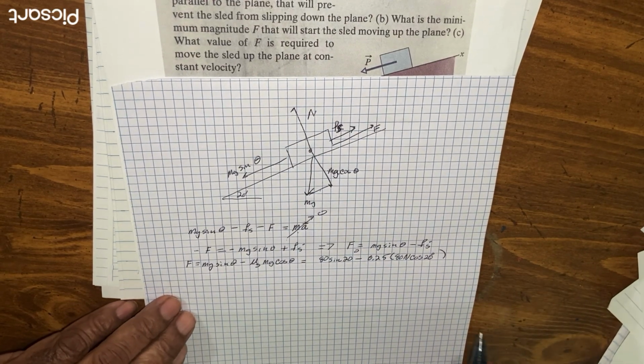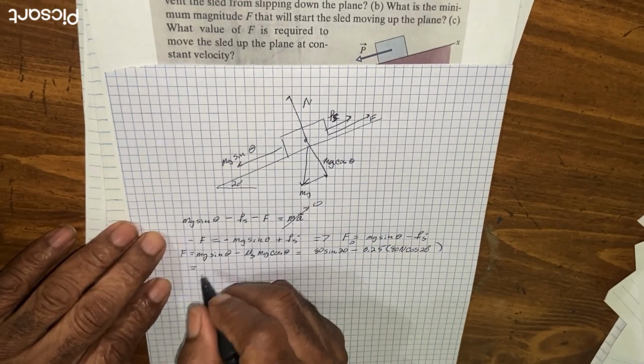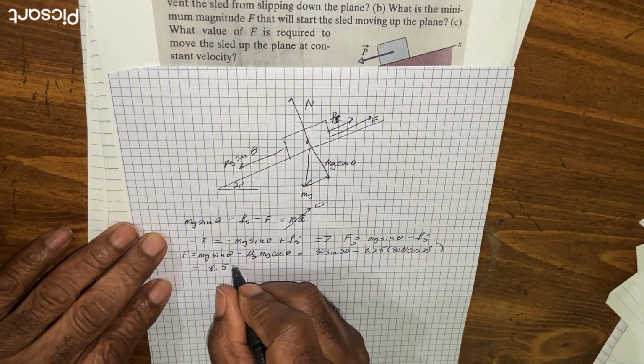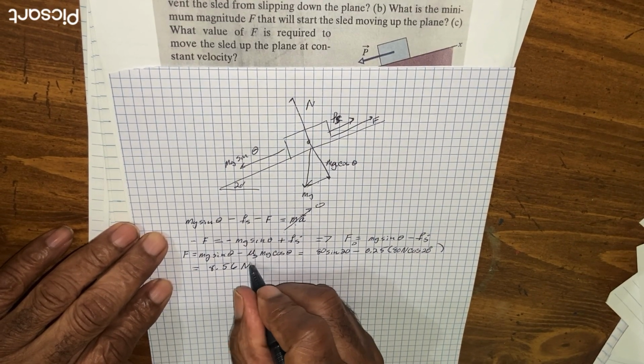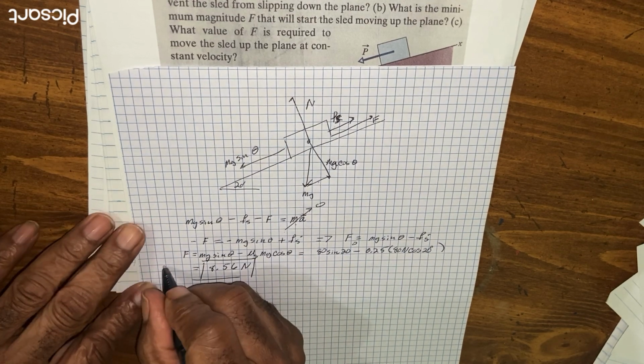And we'll pause and do the math and see what happens. 8.56 newtons. That's for A.